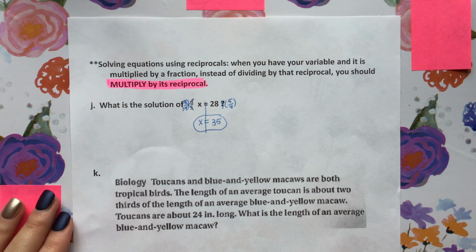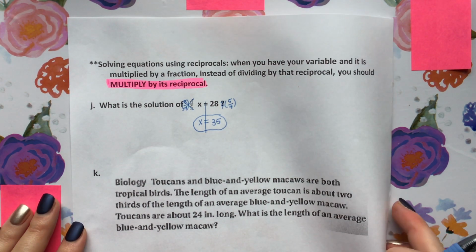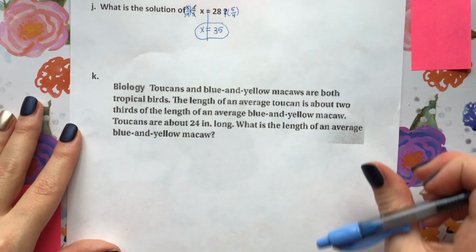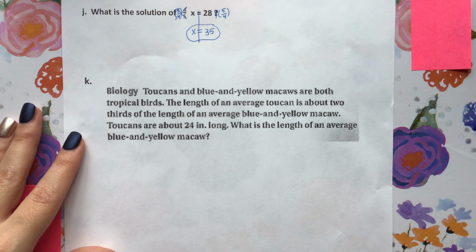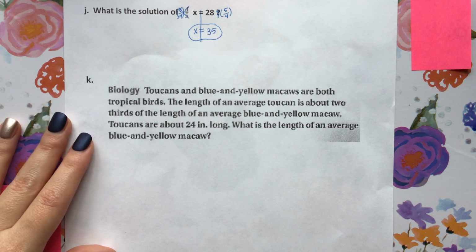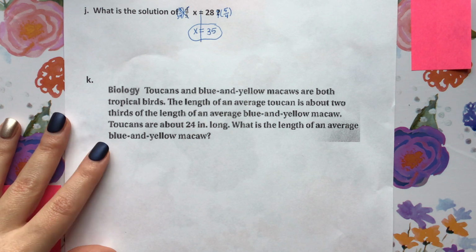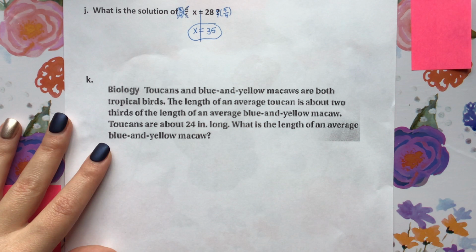We have one more word problem, and then we're done with our notes for today. So it says, toucans and blue and yellow macaws are both tropical birds. The length of an average toucan is about 2/3 of the length of an average blue and yellow macaw. Toucans are about 24 inches long. What is the length of an average blue and yellow macaw? Okay, let's start organizing what we do and don't know.